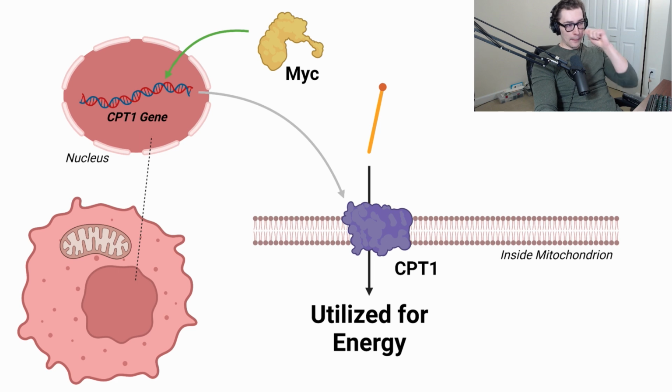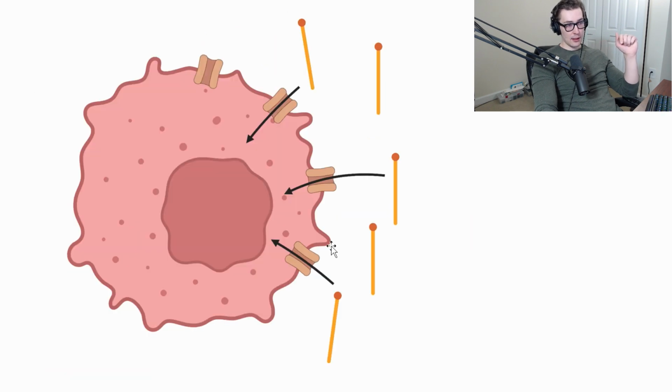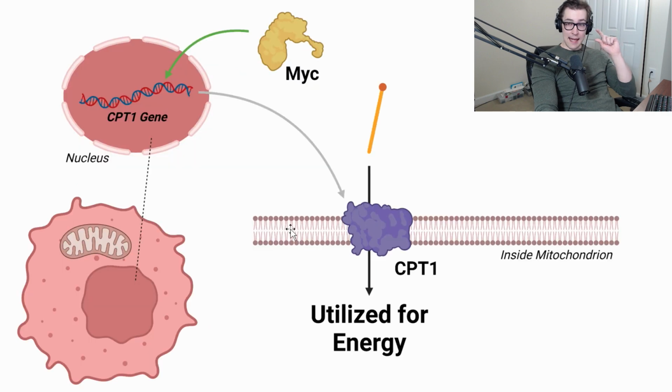So now, to get a little more granular, to look at, for example, the use of fats, in this situation they're taking up fats into the cell itself. So this is the cell membrane, from outside the cell into the cell. Now what I'm going to focus on is that this cancer cell has mitochondria, just like most of our other cells.